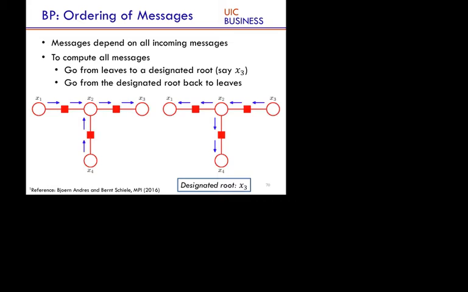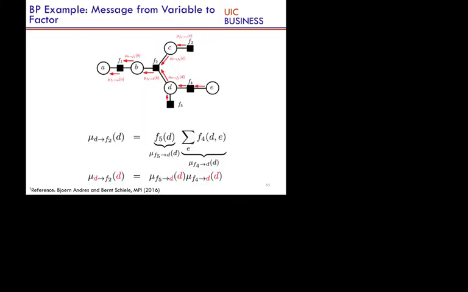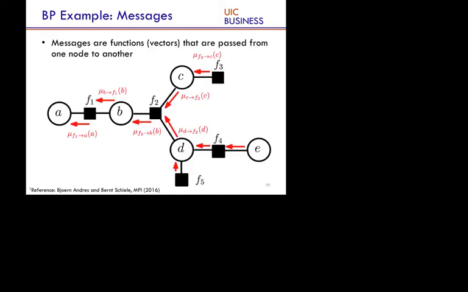Pick any node, send all the messages to that node first. Let's say in this case, we pick node A, send all the messages to A, and then send all the messages back. Once you do that, you can compute the marginal over A as just a product of all the incoming messages. In this case, there's only one incoming message from F1, so that itself is the marginal.